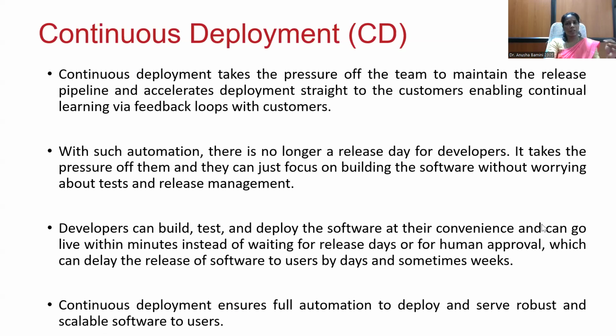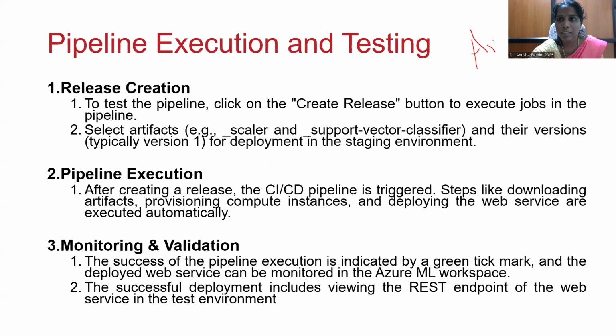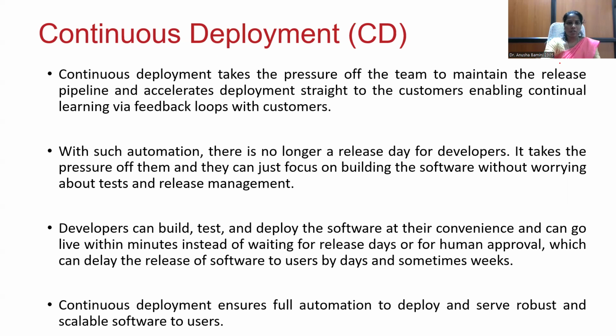Sometimes in real time, the input data set may vary, so based on that the model should be updated. So this artifact is important. Artifact means input or output generated by the model: the input used to train the model as well as the output generated by the training process.